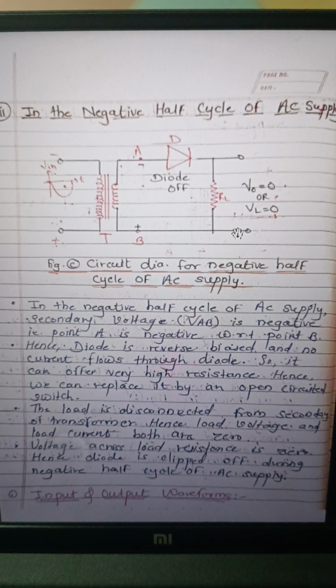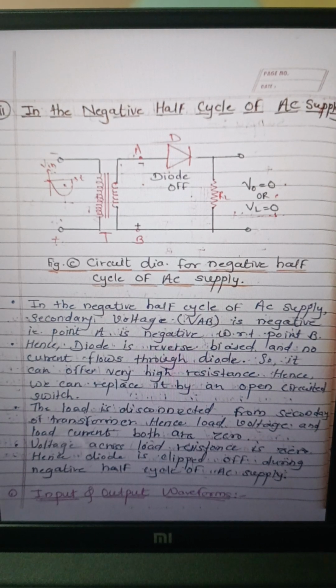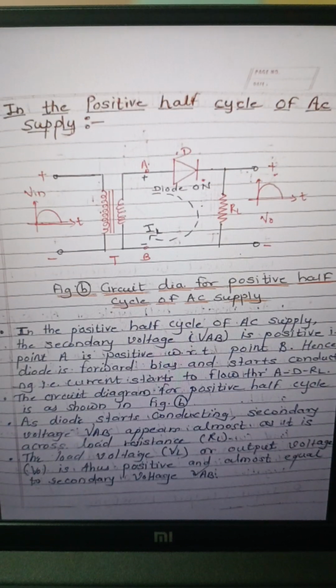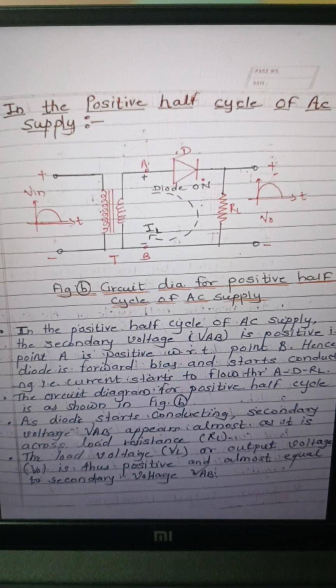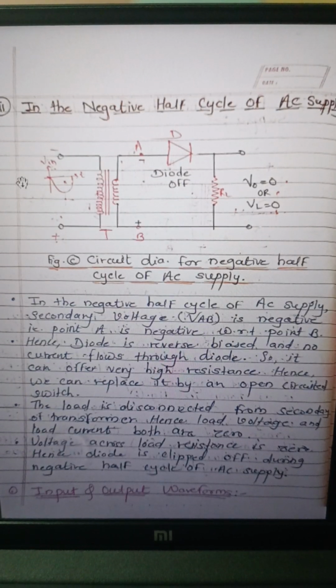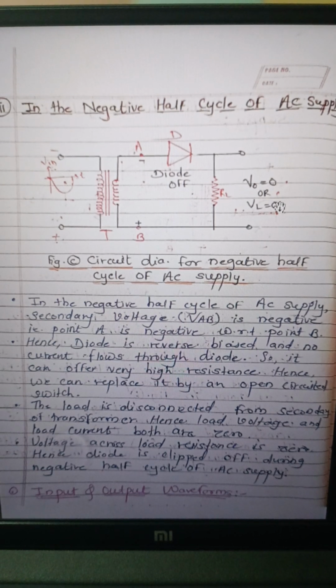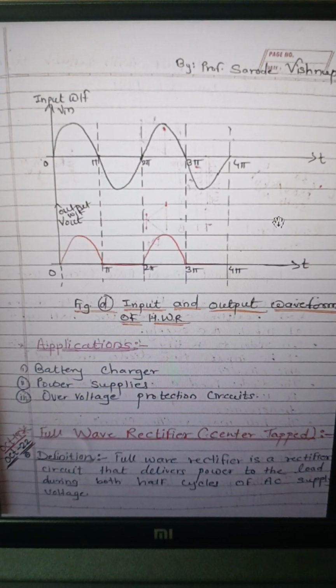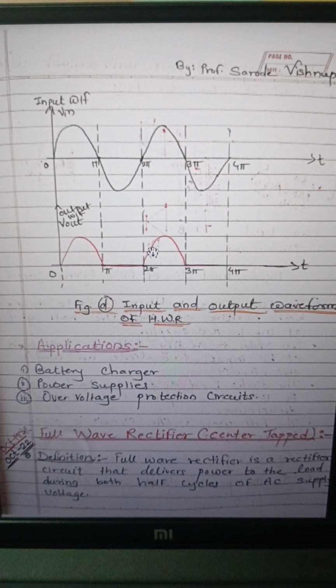So what do we conclude? It is a half wave rectifier, means it gives the output voltage during only the positive half cycle. During the negative half cycle, output voltage is 0, means this is the input and output waveform.